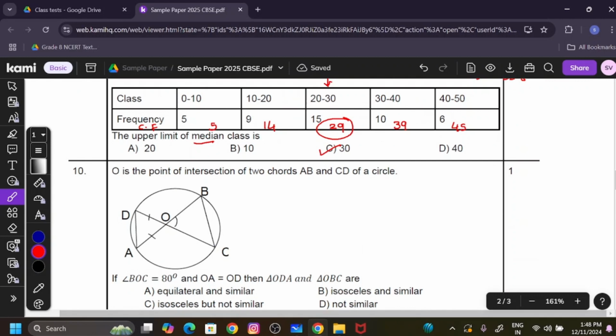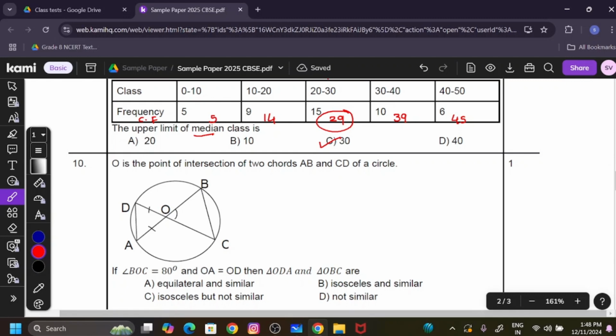O is the point of intersection of two chords AB and CD of a circle. If angle BOC is 80 degrees and OA is equal to OD, then triangle ODA and triangle OBC are dash. Equilateral and similar, isosceles and similar, isosceles but not similar, not similar.